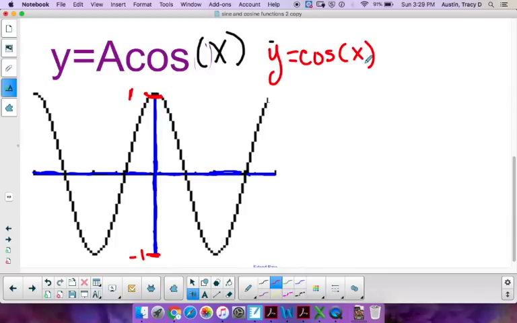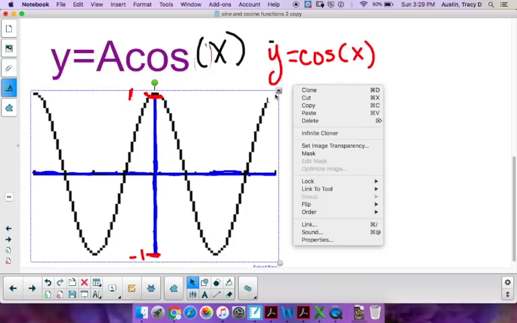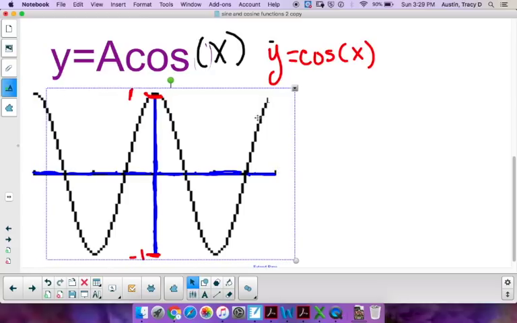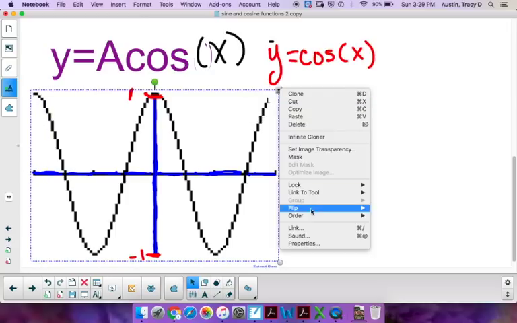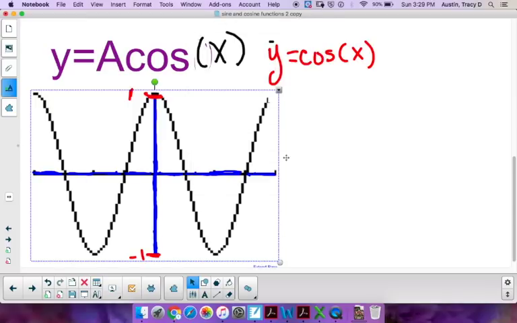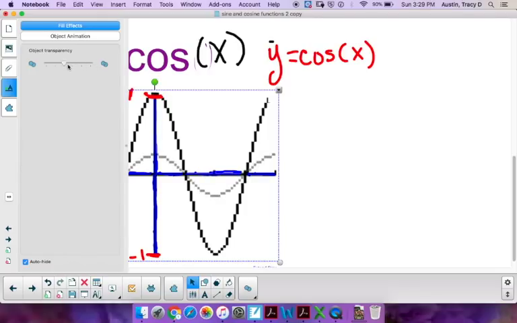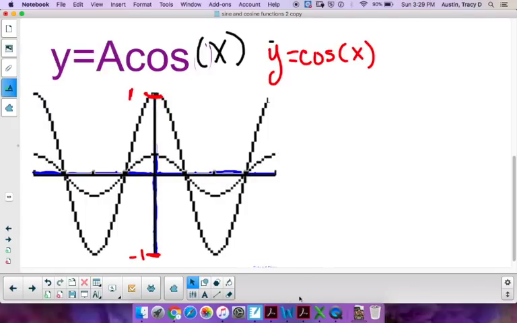All right, so if I go ahead and apply a dilation to this one, let's take a look. I'll do that one in purple. And notice it's the same exact function.